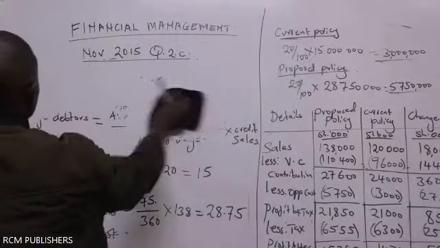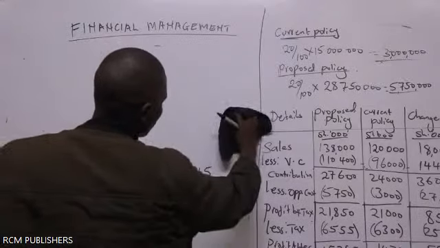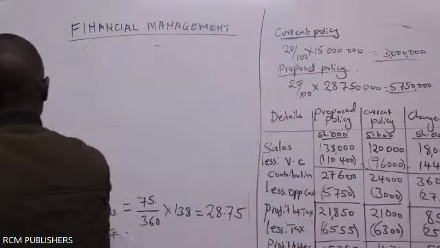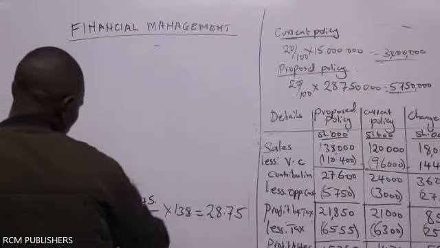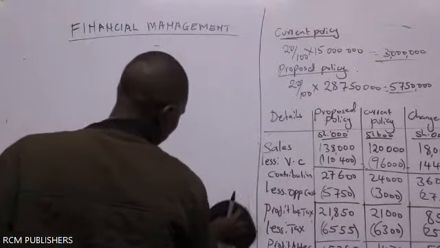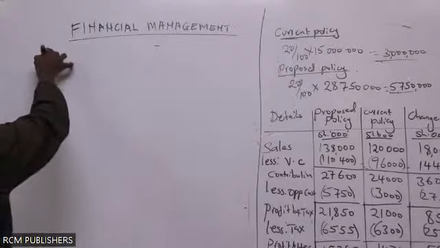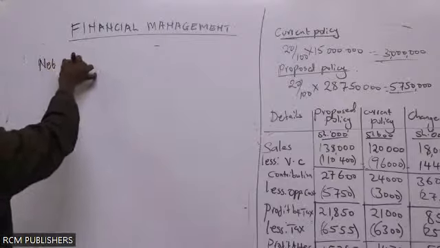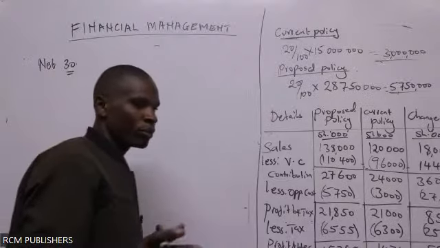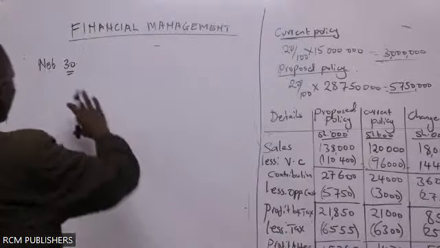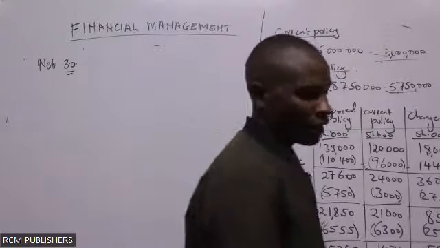Let me just click that for you. Now, we say net 30. Listen. Sometimes that is not enough yet. Sometimes it should be net 30, then some information telling you of a discount.